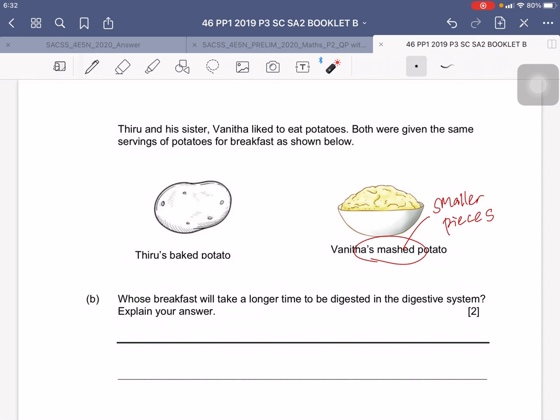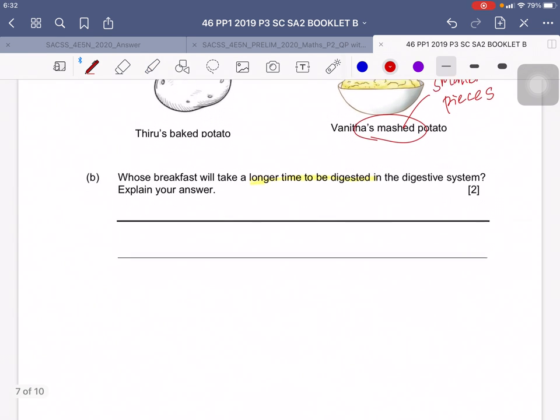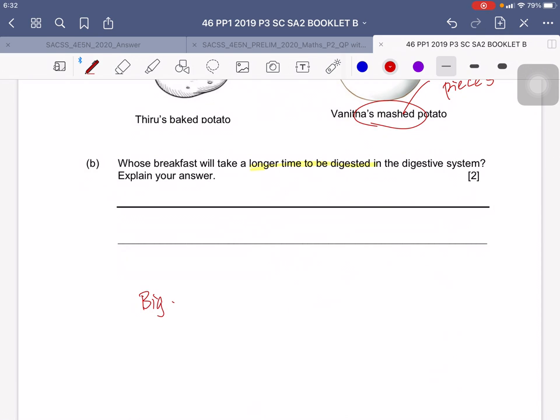So they ask which breakfast will take a longer time to be digested. So the concept over here is bigger food pieces, you will have slower digestion.